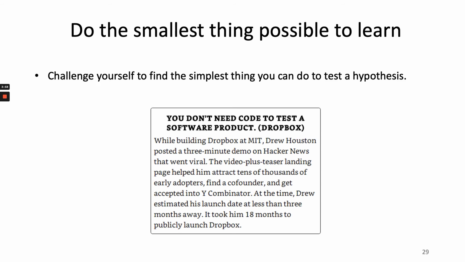The video plus a teaser landing page helped him attract tens of thousands of early adopters, find a co-founder, and get accepted into Y Combinator, which is a very large and famous business incubator in the US. At the time, Drew estimated his launch date at less than 3 months away. It took him 18 months to publicly launch Dropbox.